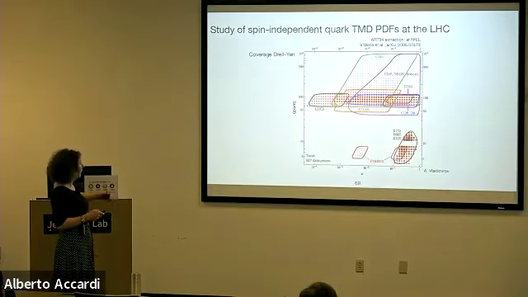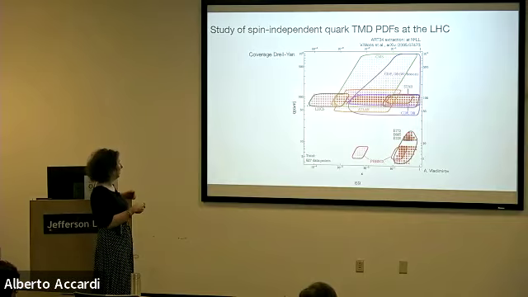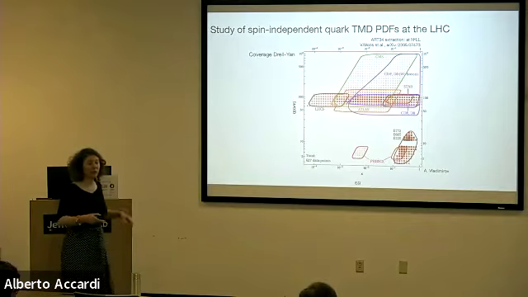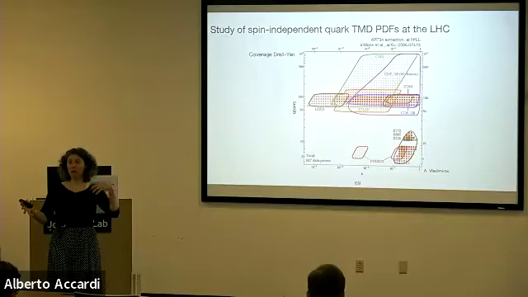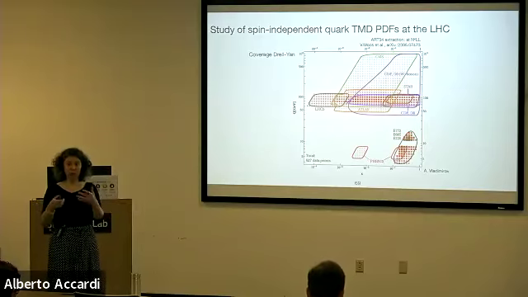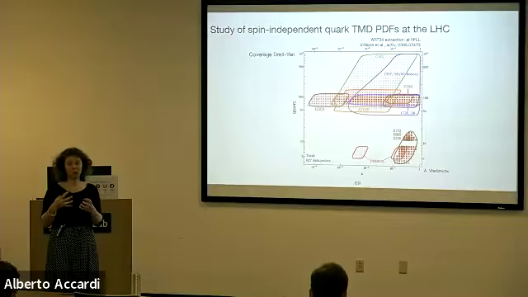And it's nice to look at LHC data because of the much higher energy, you probe a very different region in x. And I told you that for TMD PDFs, we have an evolution with Q squared, as you do for PDFs, but for TMD PDFs, it's much more complicated, and you actually have a non-perturbative part that you need to extract from data.